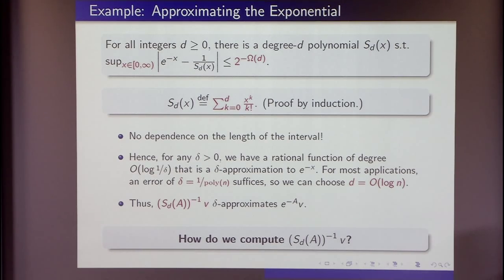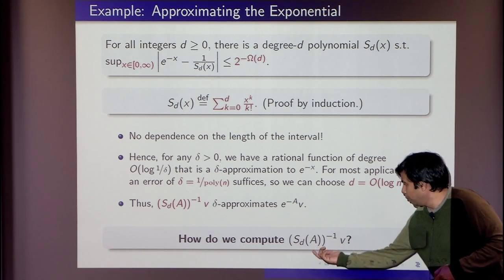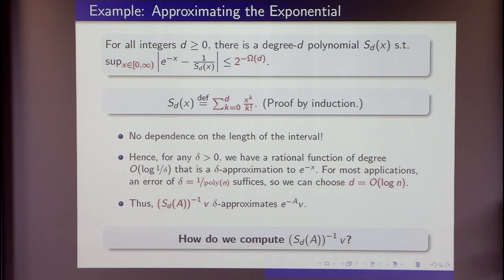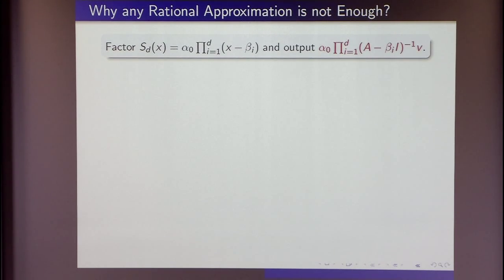So what becomes natural is to understand the eigenvalues of this matrix, and in particular the roots of this polynomial. Okay. So one thing you could try to do is look at this polynomial. It's a polynomial which has a closed form, and you could factorize it.